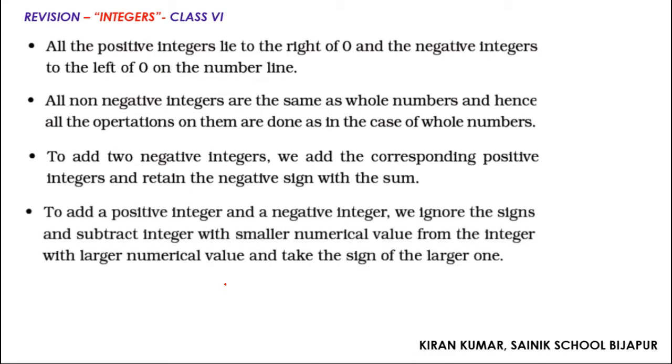To add a positive integer and a negative integer, we ignore their sign, but subtract the smaller numerical value from the larger numerical value and take the sign of the larger one. Here, the meaning of the numerical value is absolute value.